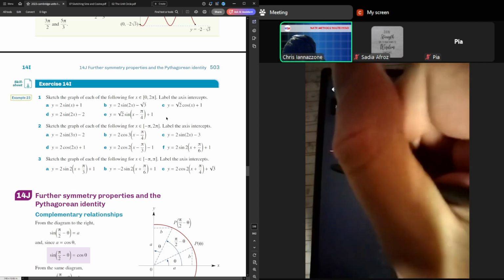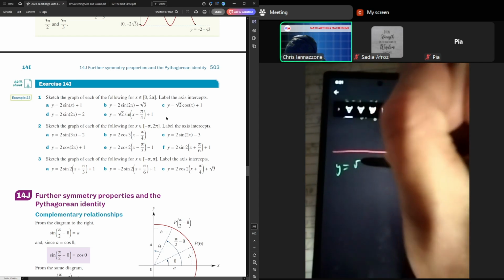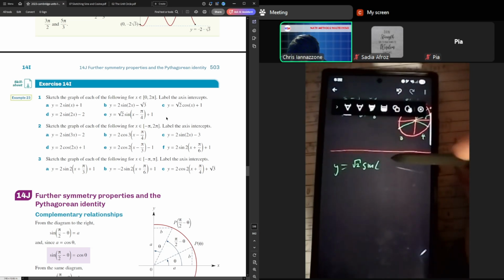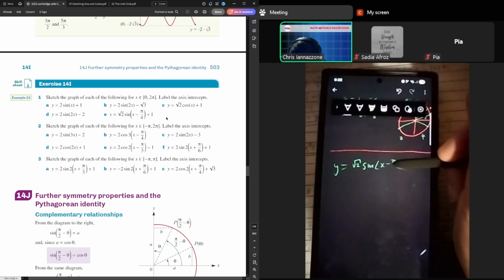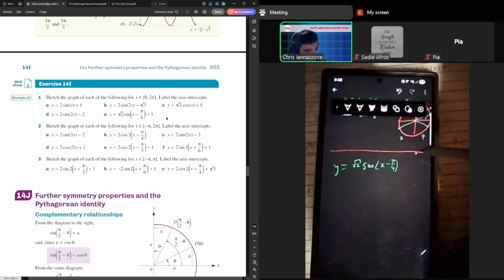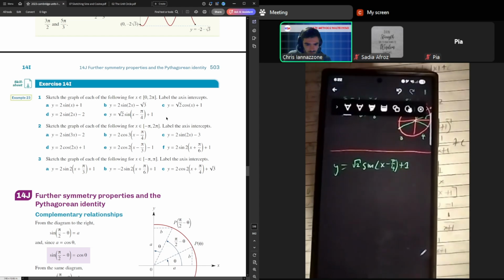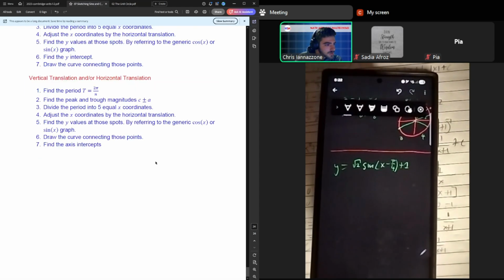Okay. y equals root 2 sine of x minus pi over 4, plus 1. All right, that's down on the paper. I'll have the screen share up on the process. What shall we do?